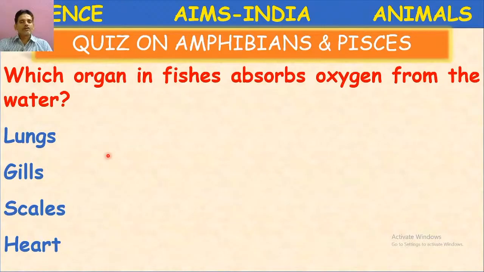What is the correct answer here? How do fishes obtain oxygen from the water? With the help of a respiratory organ. What is the respiratory organ in the fish? Gills. Fishes respire through gills and absorb the dissolved oxygen present in the water. Okay, children, good.